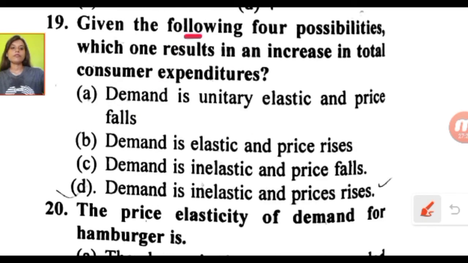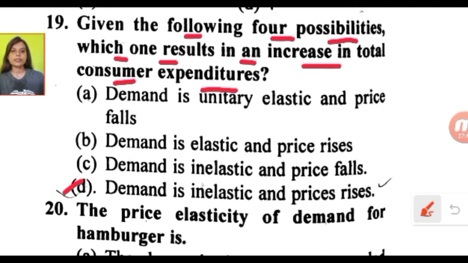Given the following four possibilities, which one results in an increase in the total consumer expenditures? Your answer would be number D, that is demand is inelastic and price rises. Why? Because a change in price has two possible effects on total expenditure.